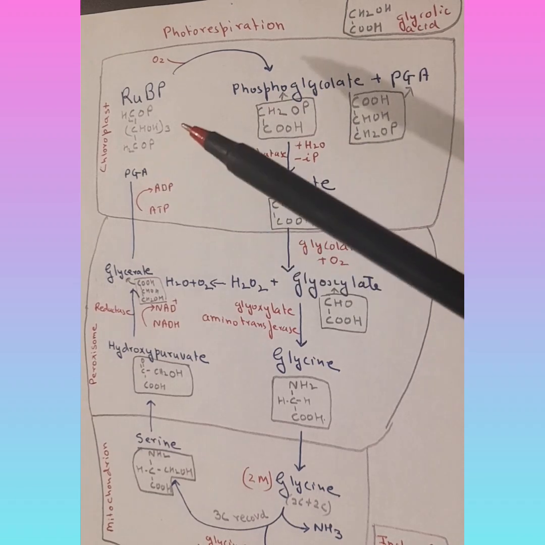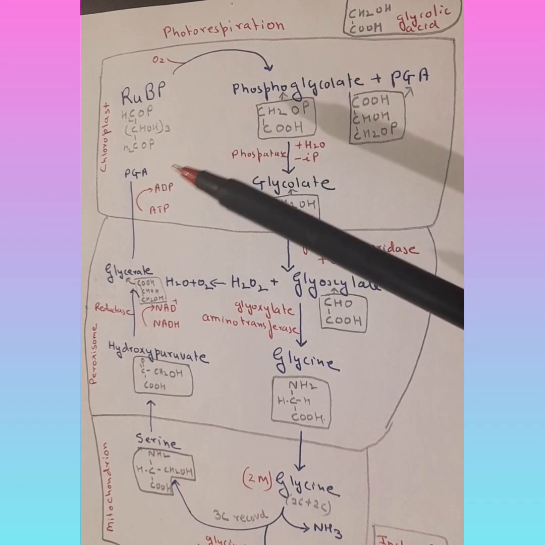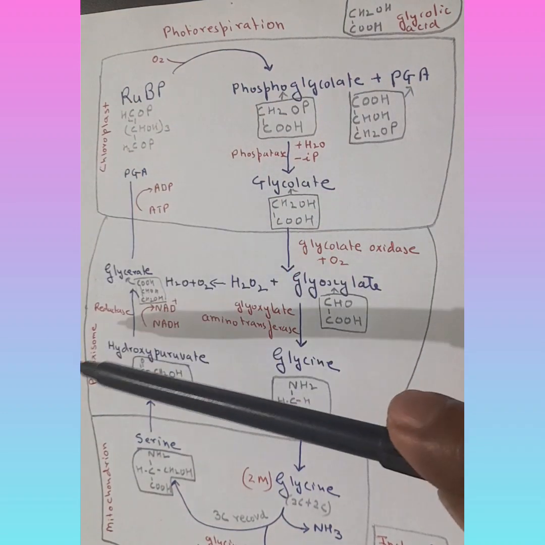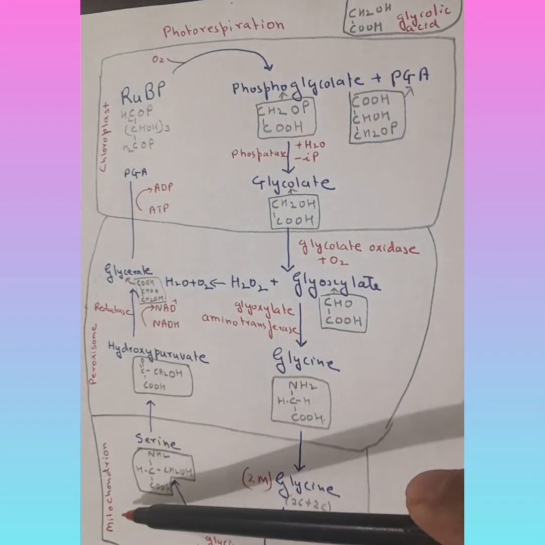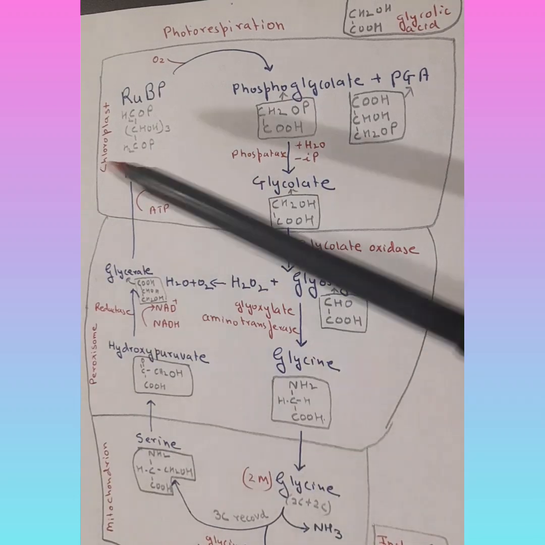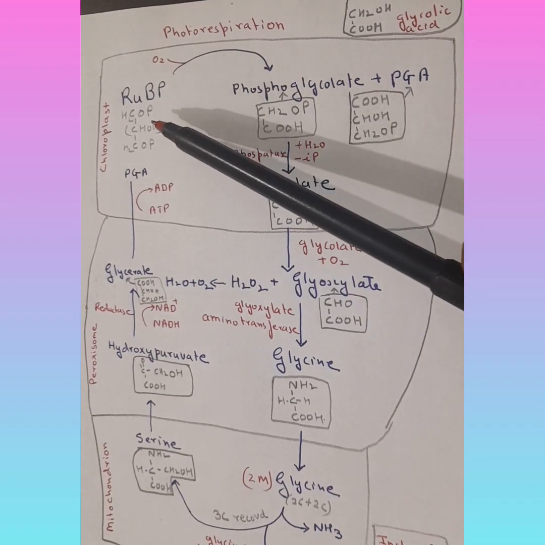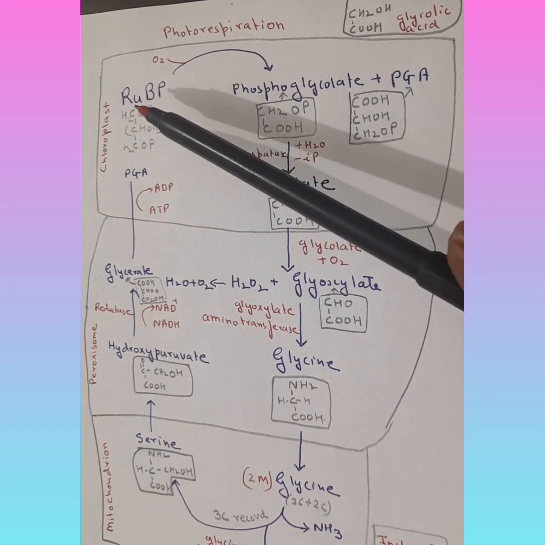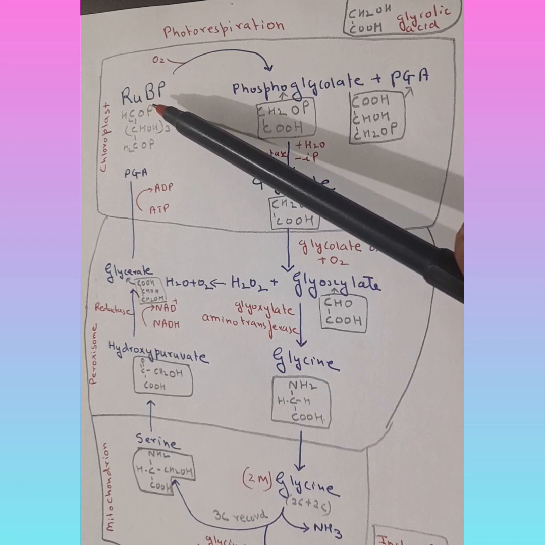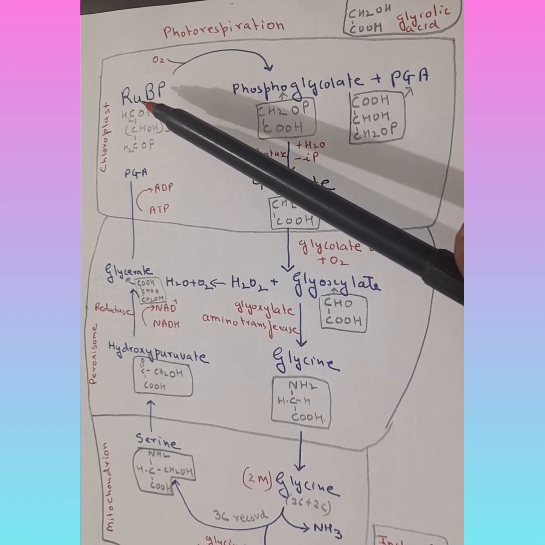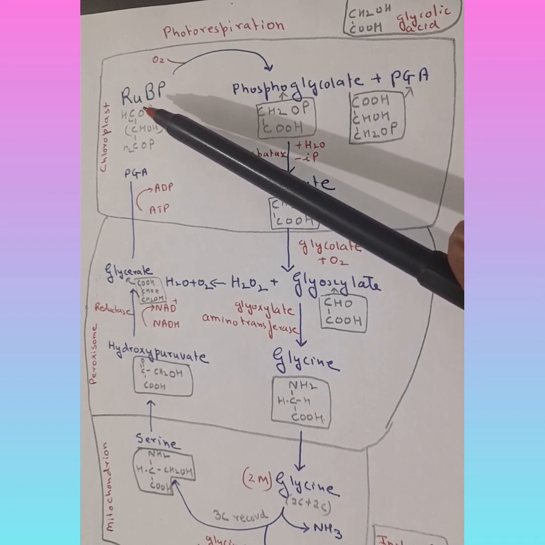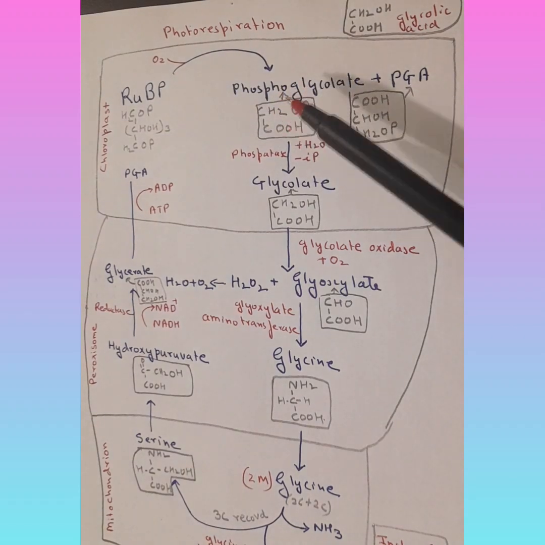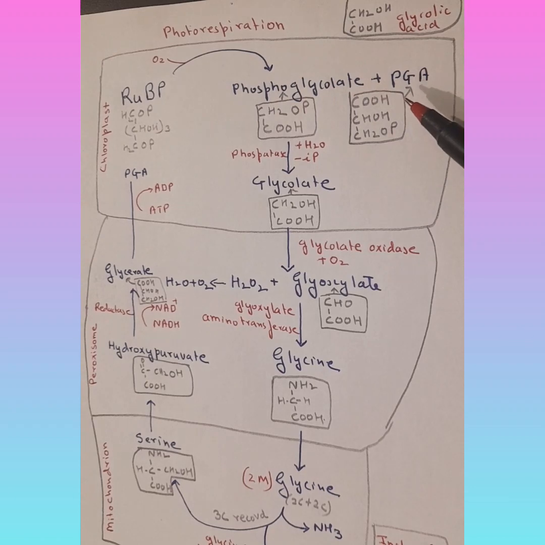In this process, there are three organelles involved: chloroplast, peroxisome, and mitochondria. Now let's start with chloroplast. In chloroplast, RuBP, ribulose bisphosphate, which we understood in the Calvin cycle, gets oxidized and forms phosphoglycolate and PGA.